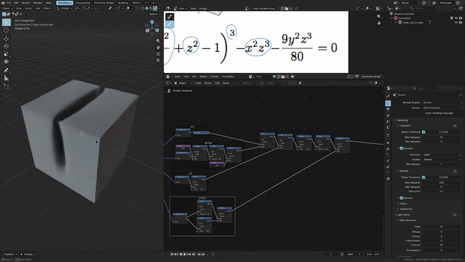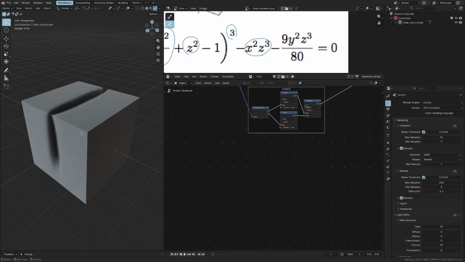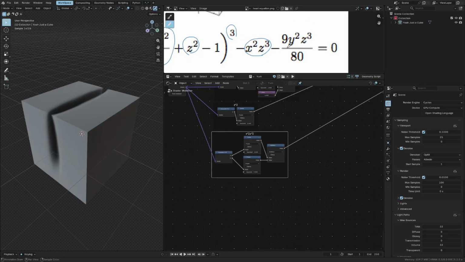Once you do that, we get an interesting looking shape here, and we are almost done. We need to do this part here.